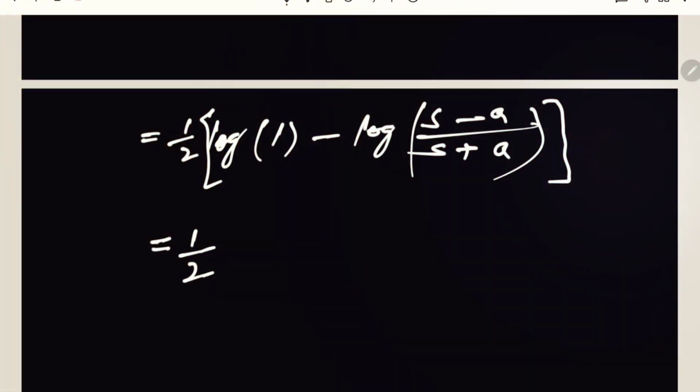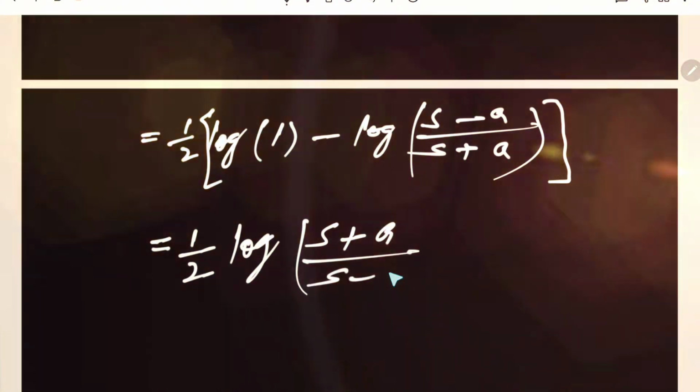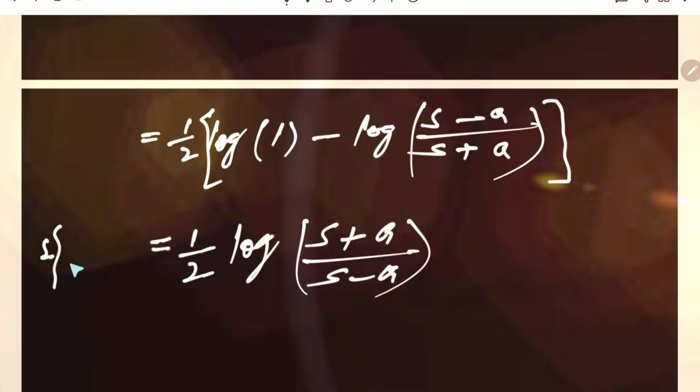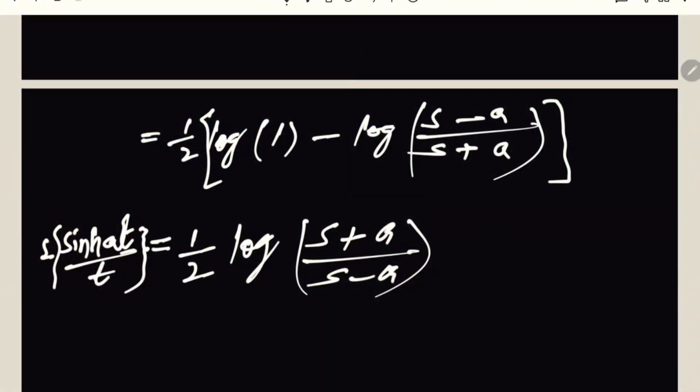Log 1 is 0, therefore we neglect that term, and multiplying by the minus sign inside, we interchange the terms. Therefore, the final answer becomes 1 by 2 log of s plus a upon s minus a as the Laplace of sin h a t upon t. This is the required answer.